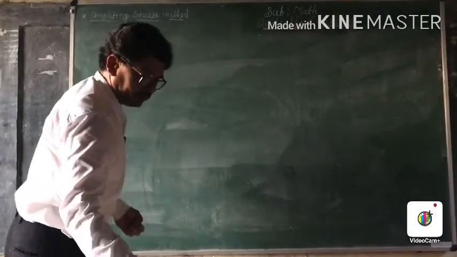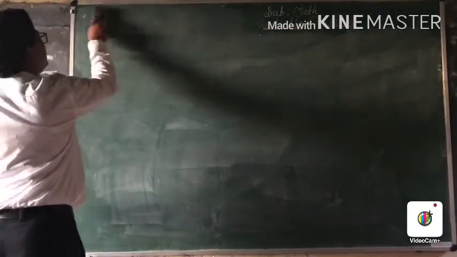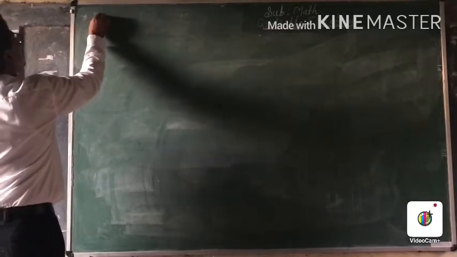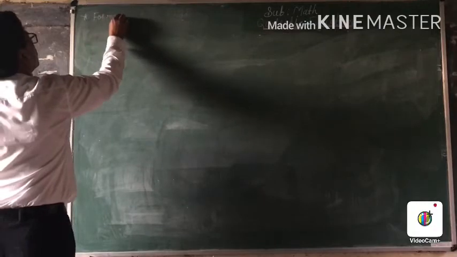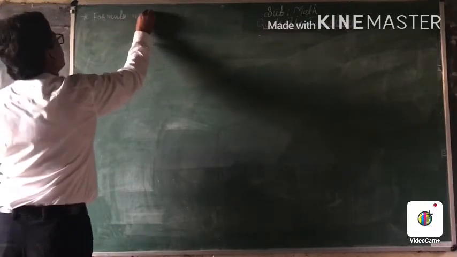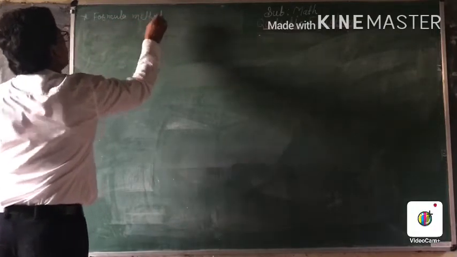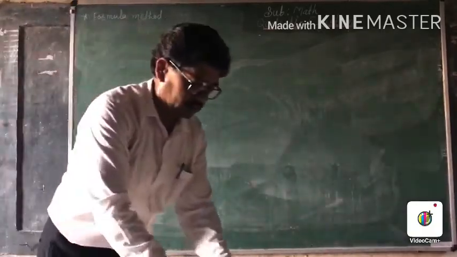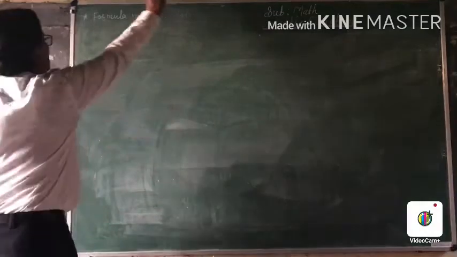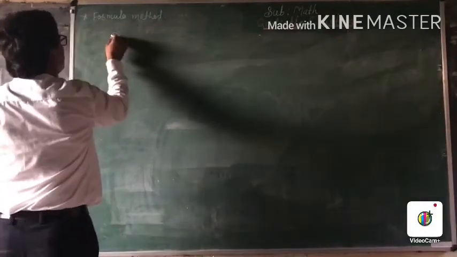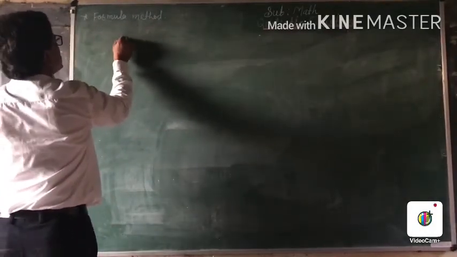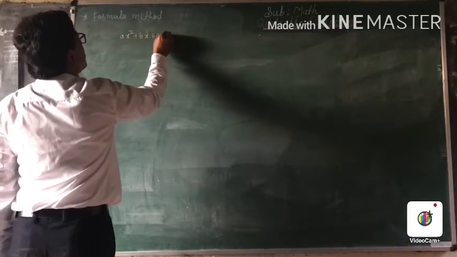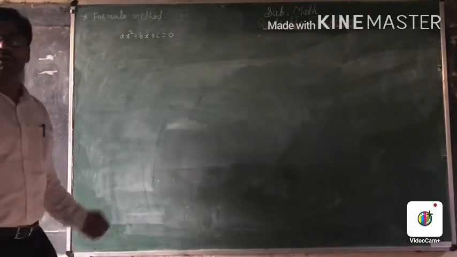Formula method. The standard form of a quadratic equation is ax square plus bx plus c is equal to 0.